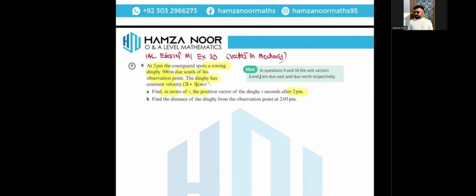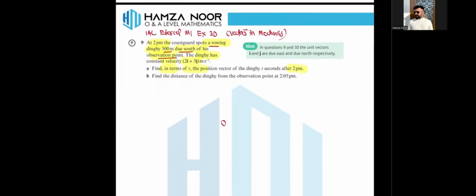As we know, at 2 p.m. the Coast Guard spots a rowing dinghy 500 meters due south of its observation point. So let's say this is the observation point, which is point O. This is basically the origin. So 500 meters due south means 500 meters vertically downwards from point O, let's say somewhere over here.